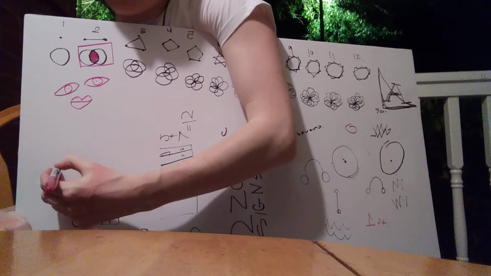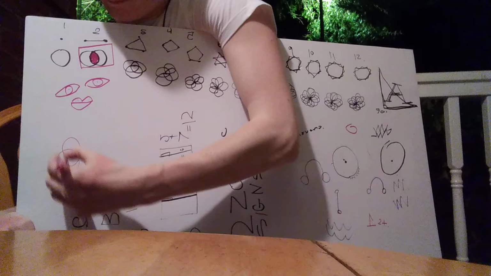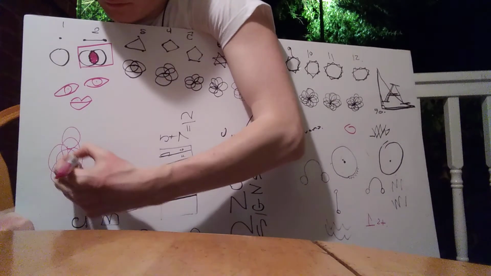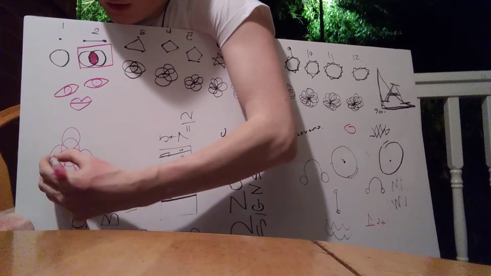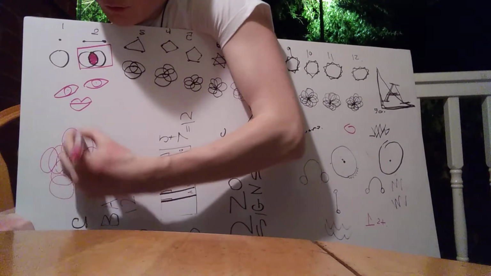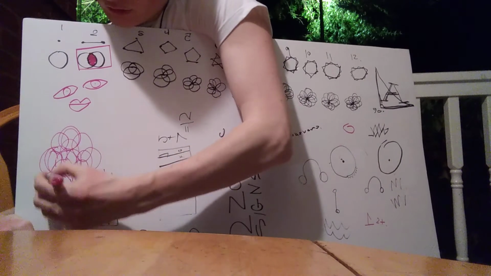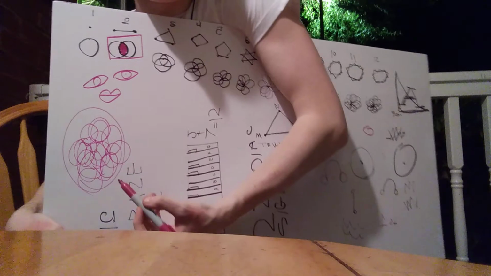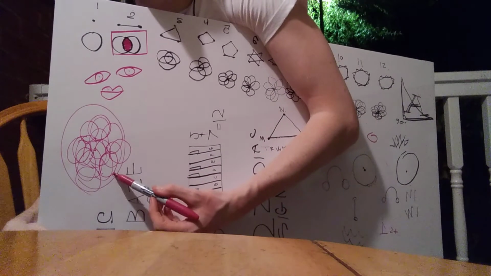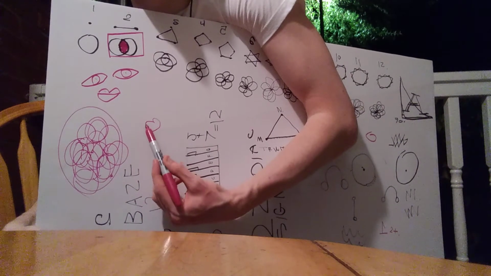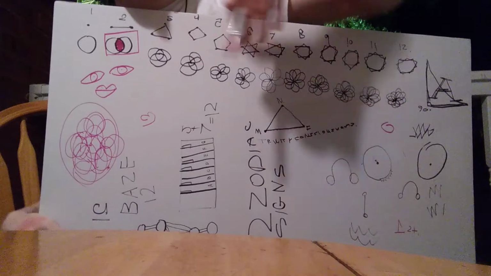Everything comes from the flower of life. When you're looking at this, I'm just drawing spheres now, but imagine, just Google flower of life. You're seeing everything in that one image.